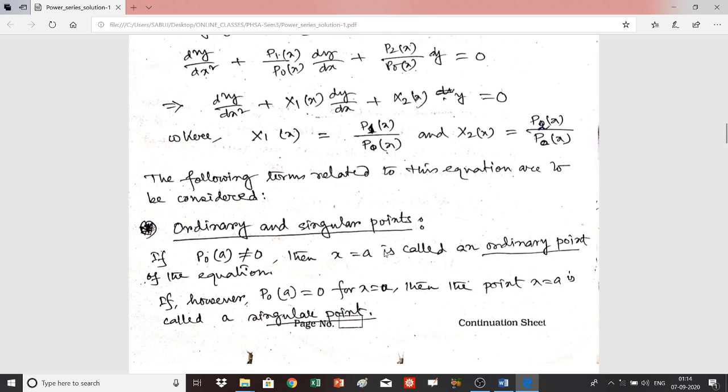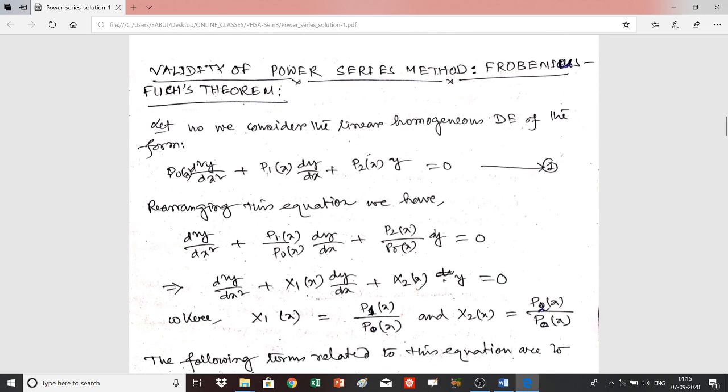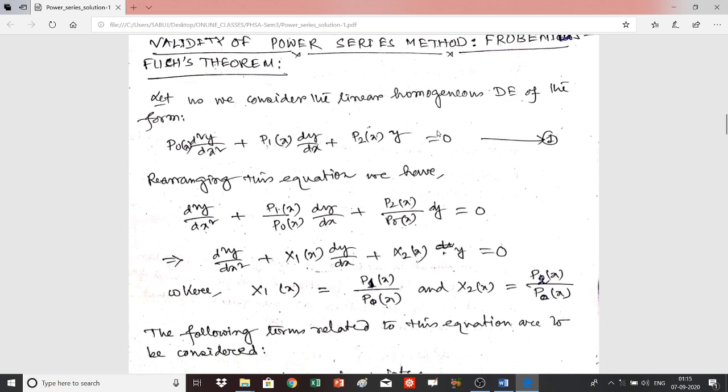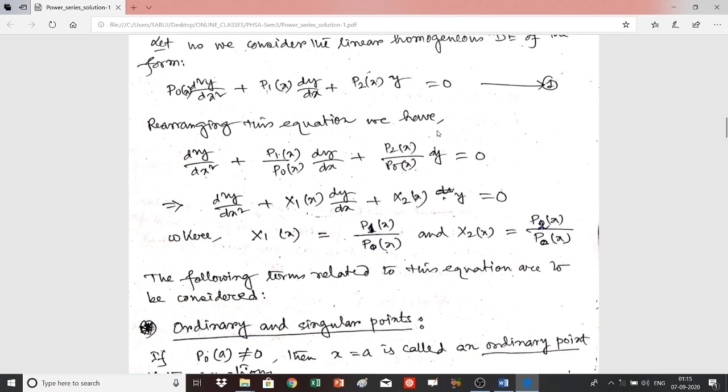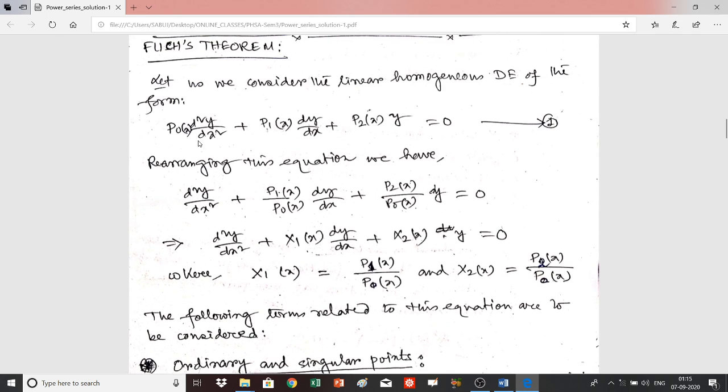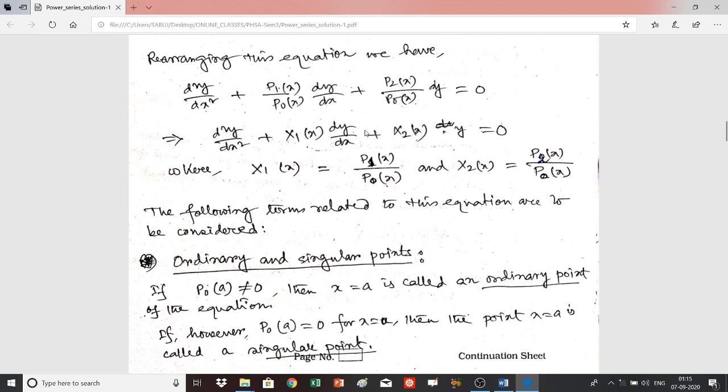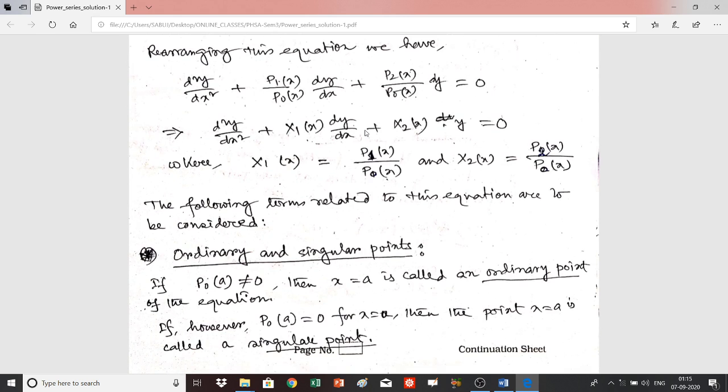That means you have to test whether p0(x) is equal to 0 or not for a certain value of x, say a. So if p0(x) is not equal to 0 at x equal to a, then this equation is said to have an ordinary point at x is equal to a. If, however, the value of p0(a) becomes 0, then this equation is said to have a singular point. So here we understand the conditions of ordinary and singular points.